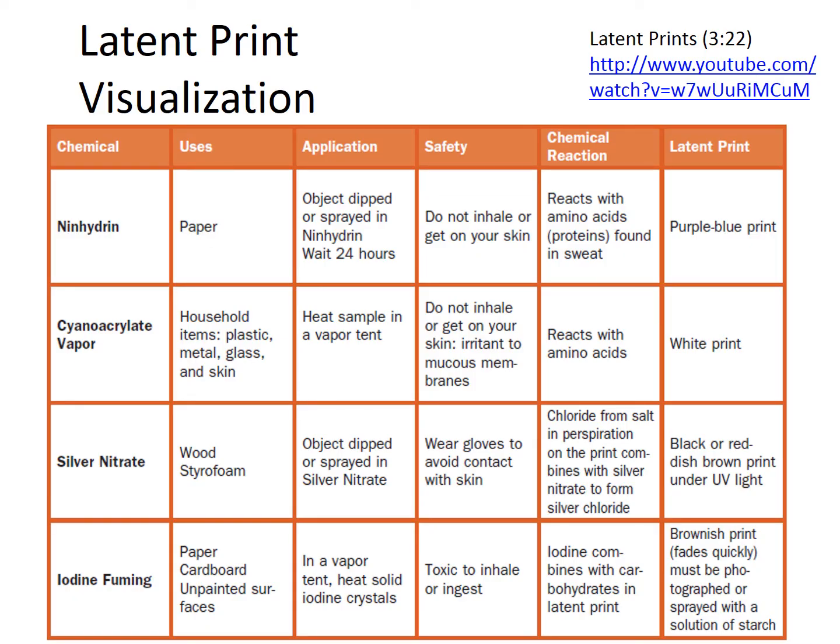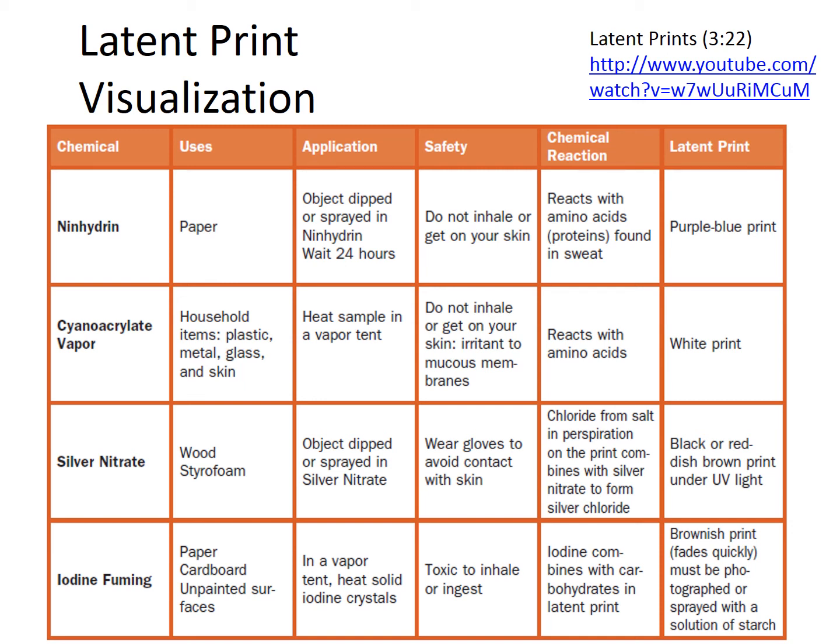So here's a breakdown of all the different ways. Ninhydrin, like I said, works well on paper. You spray it or dip it. You can't inhale it, you can't get it on your skin, you have to do it outside. That reacts with the amino acids and you get a purplish blue print.